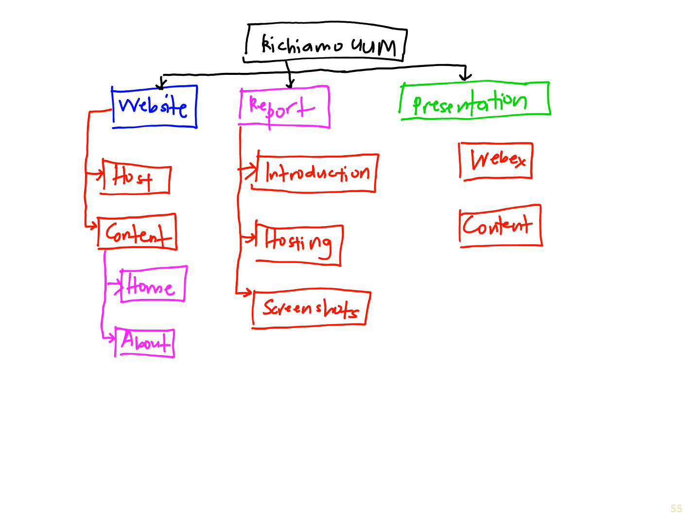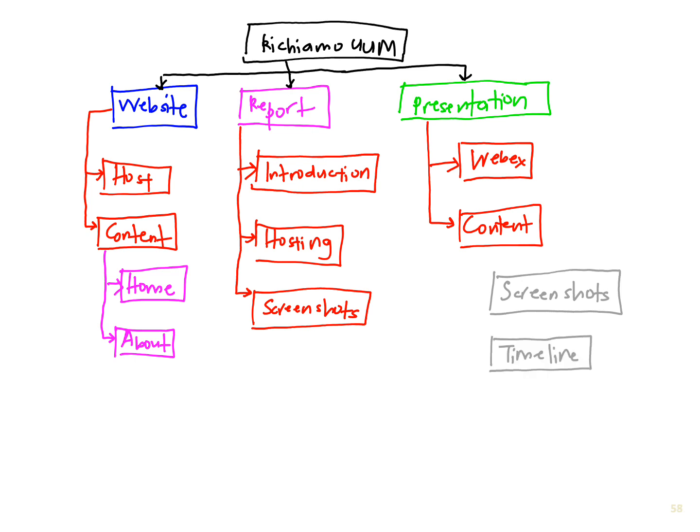Okay, and then I would think about, if I use slides, what content my slides would have. For example, maybe I would add some screenshots and then explain based on the screenshots, and maybe I want to include the timeline of the project. So maybe I can write things like it took me 3 weeks to do the website, 1 week to write the report, and so on. Right?